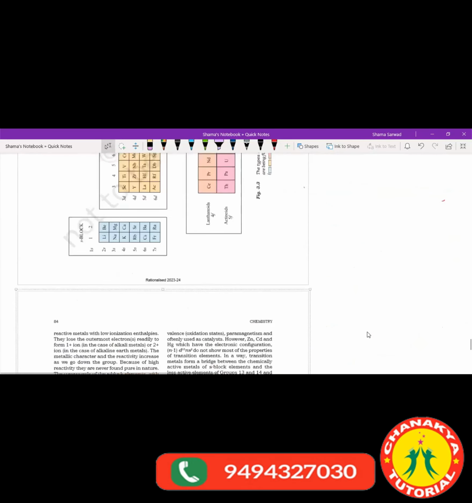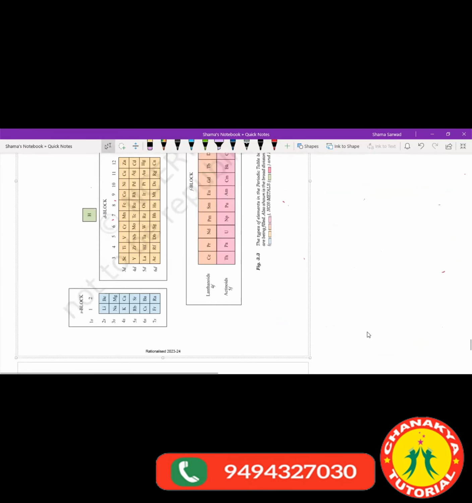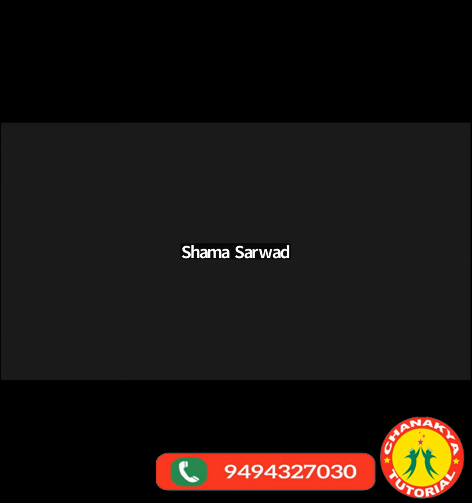You can see this periodic table. The first period consists of only two elements, one would be hydrogen, the other would be helium. Wait a minute. I'll share the vertical table with you, so that it would be more convenient to understand. Give me a while.